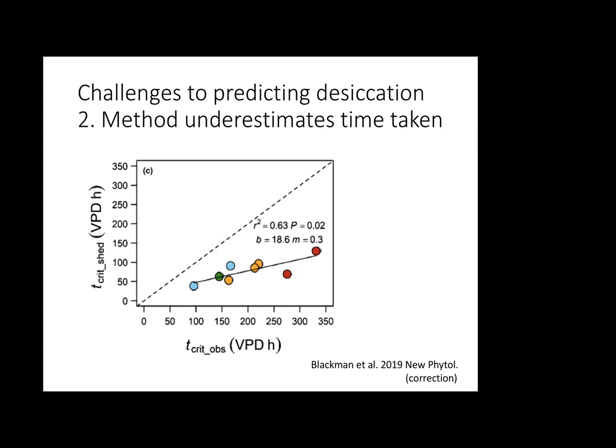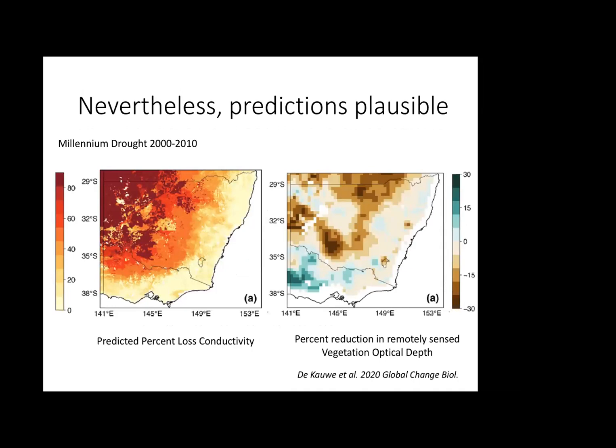Nonetheless, despite all these caveats and complicating factors, we can still make plausible predictions about the onset of drought mortality. So this is work that was led by my wonderful colleague, Martin de Kauwe, where he implemented these ideas into the CABLE land surface model and tried to predict hydraulic failure during first the Millennium Drought and the Black Summer Drought, and compared it to the % reduction in vegetation optical depth over the same period.